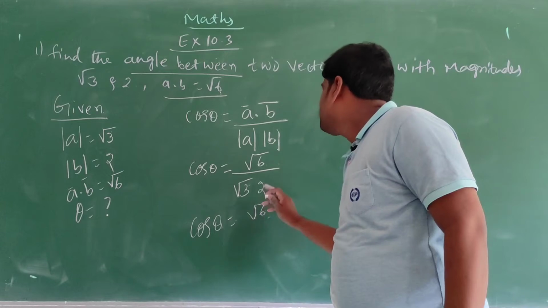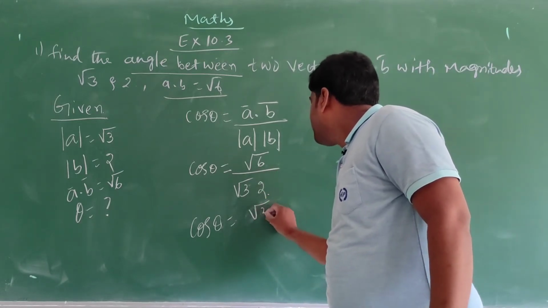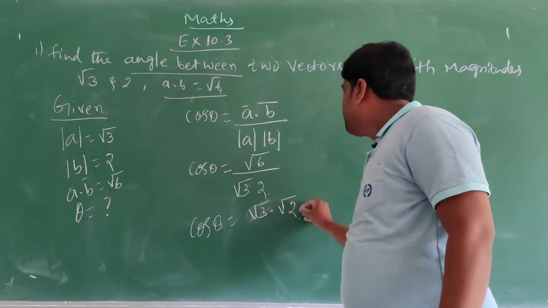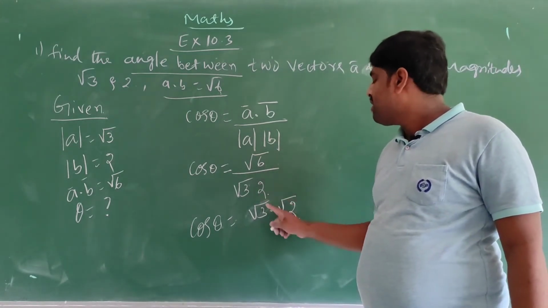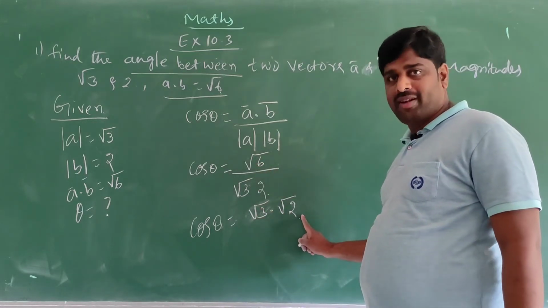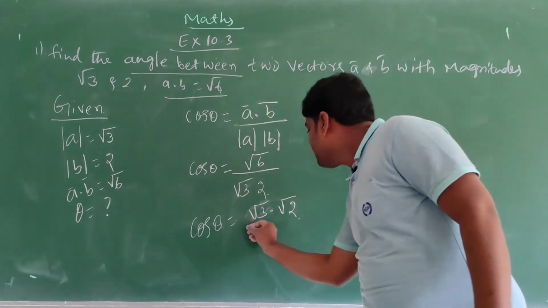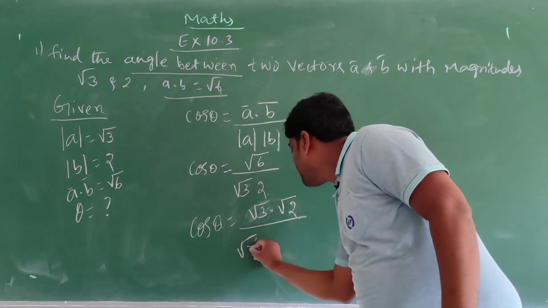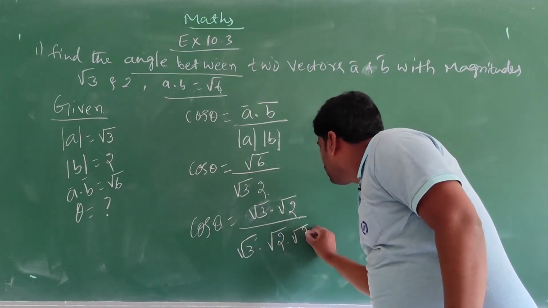This root 6 can be written as root 3 into root 2 because this is a surd. The surd root 6 can split into root 3 into root 2 because these two surds have the same order, divided by root 3 into this 2 can be written as root 2 into root 2.